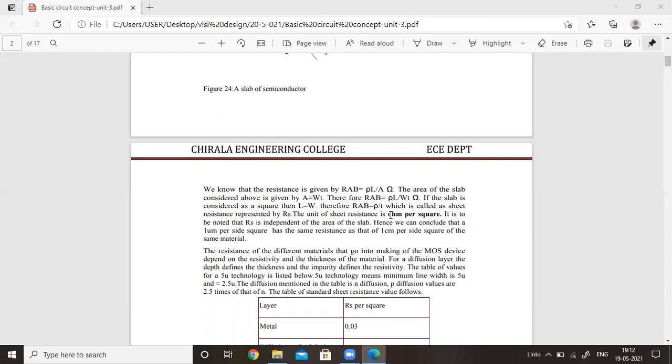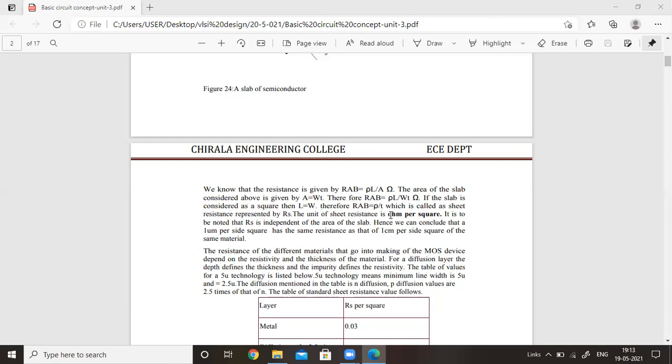That is the main point. Just see the difference here: the material which is 1 micrometer per side square has the same resistance as the material which is 1 centimeter per side square. Both have the same resistance.